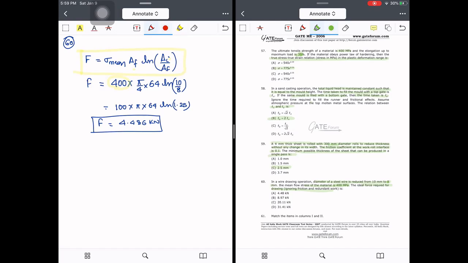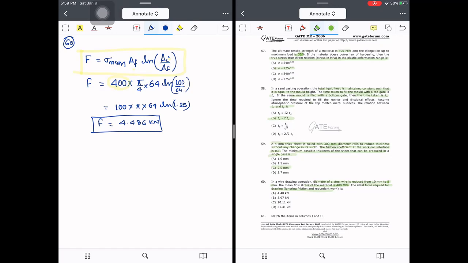Initial area is pi by 4 d square, right? So we can write it in this way also. It is 100 divided by 64, because pi by 4 will cancel.